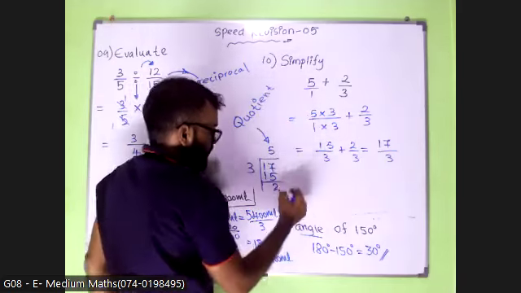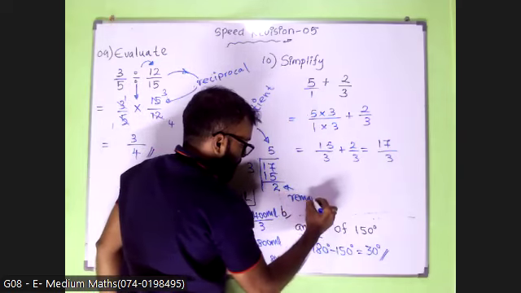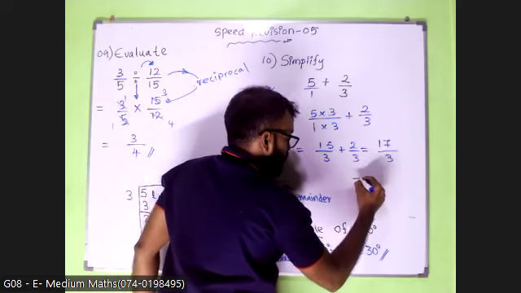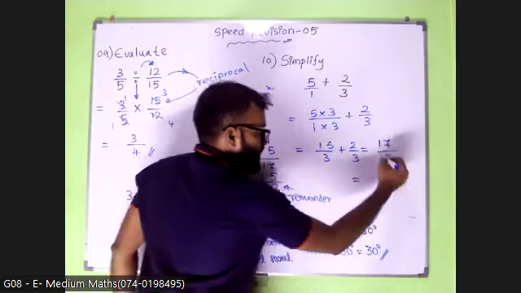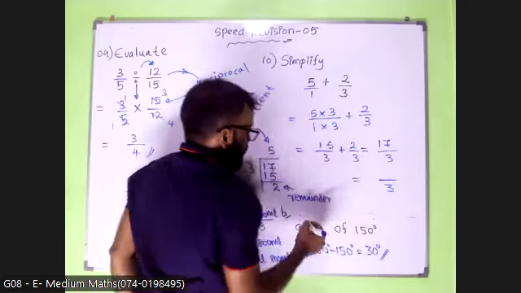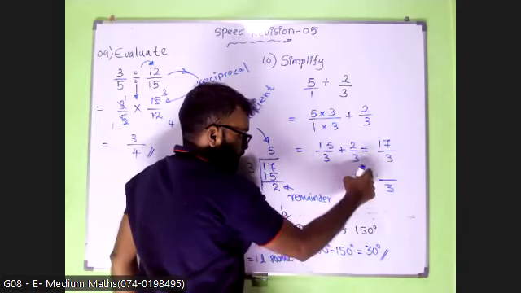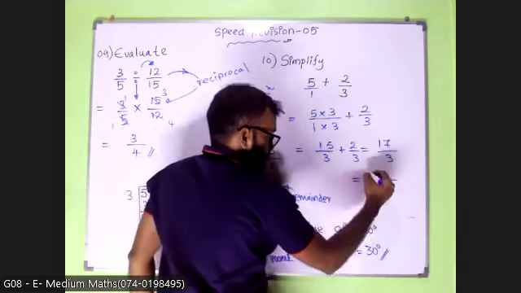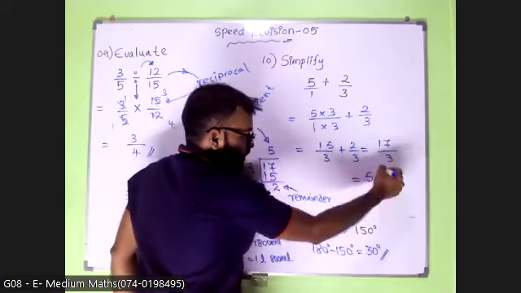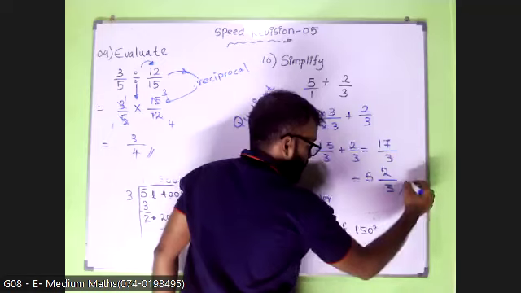I did this earlier. So you can write down the answer: our denominator is 3. The quotient comes to the whole number part, 5. The remainder comes to the numerator, 2. So this is my mixed number.